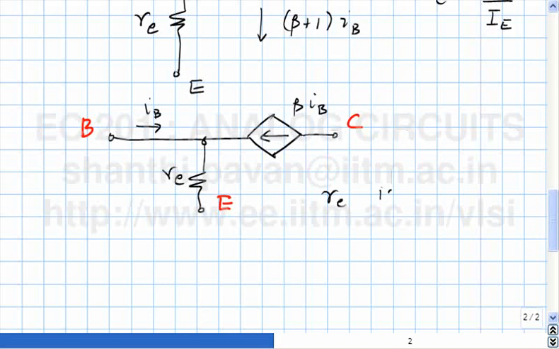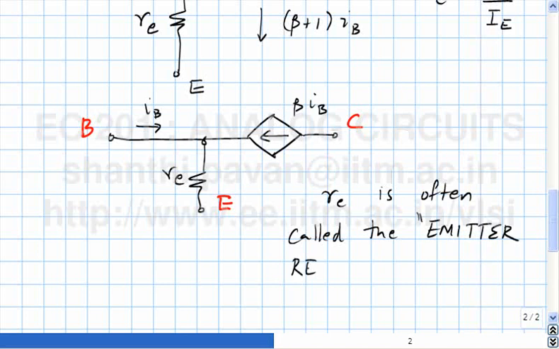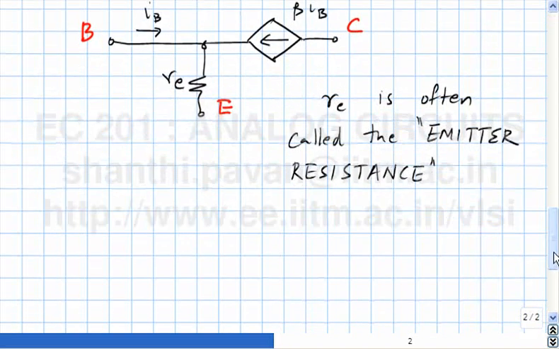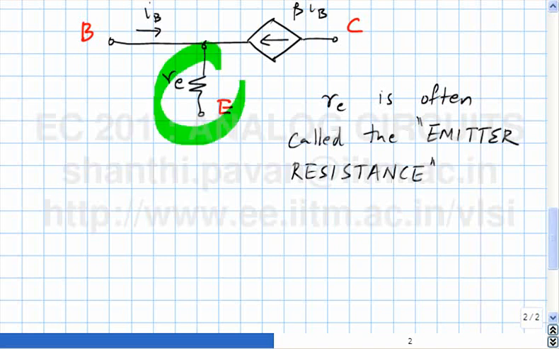re is often called the emitter resistance. It is not a large signal quantity, it is a small signal quantity and represents this chap here.